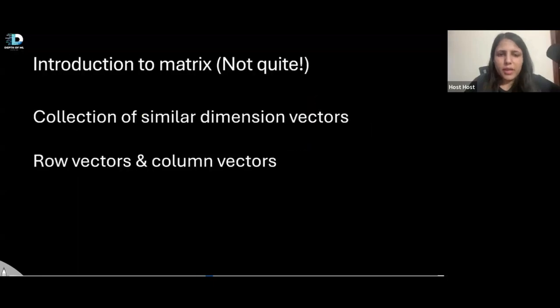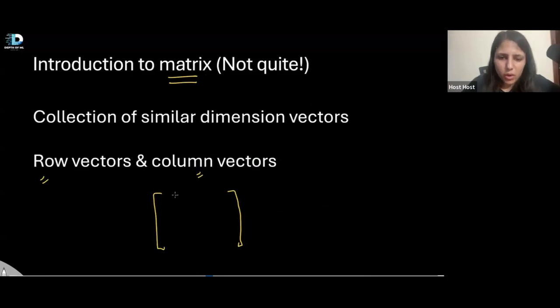Now, finally, we are coming to matrix. So what is a matrix? This is not exactly the definition of a matrix, and we are not digging into it in this lecture. We'll dig deeper when we go forward. But just to give a brief introduction, a matrix is a collection of vectors. These vectors can be of two types: row vectors or column vectors.